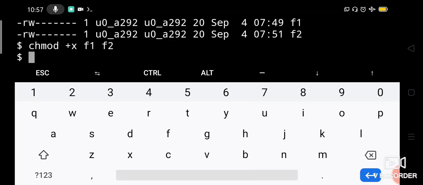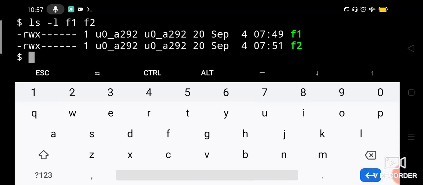Is it done? Let us check. It is giving only to users. So group and others it is not giving, so it is having some problem with minus, without specifying the categories. Let me check that. I will check and let you know.